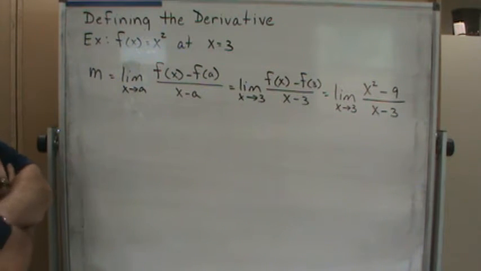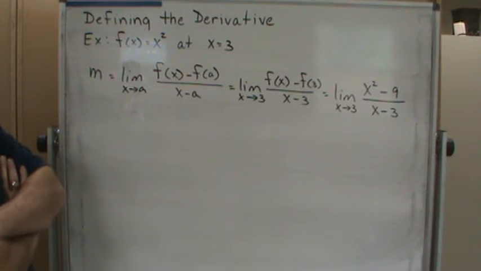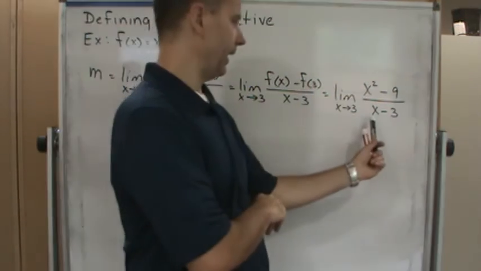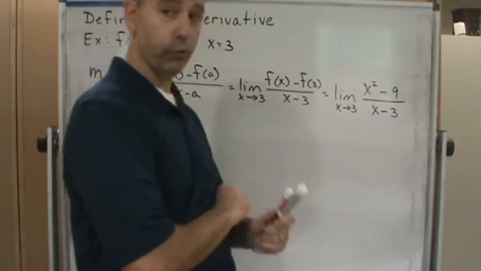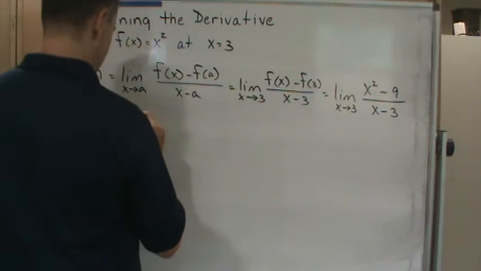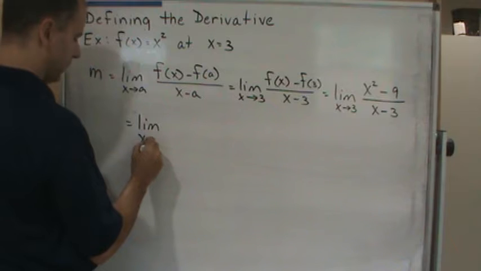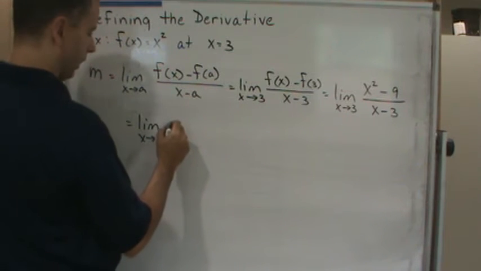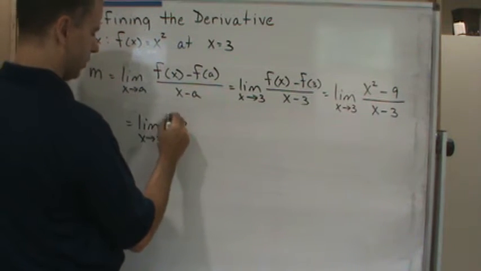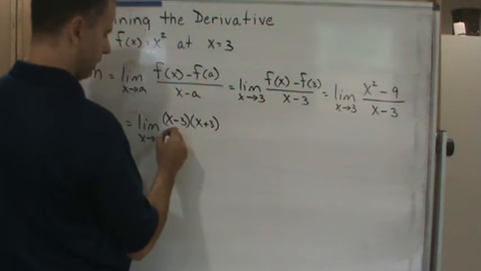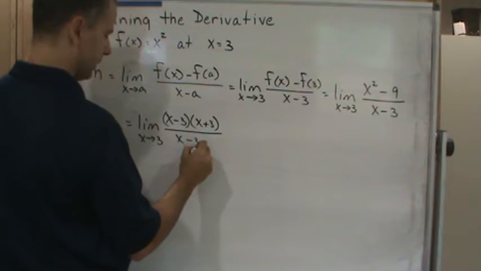So now we got to simplify this thing, right? Notice that we have a difference of two squares on the top. We have a discontinuity at x equals 3, but it's a removable discontinuity. So this is going to be equal to the limit as x approaches 3 of x minus 3 times x plus 3 over x minus 3.